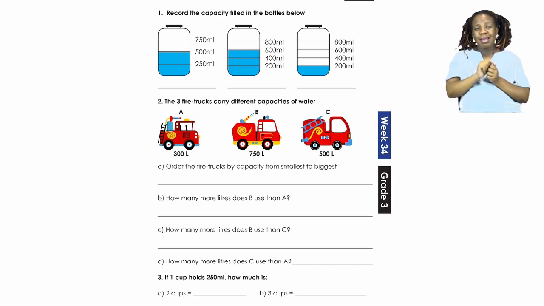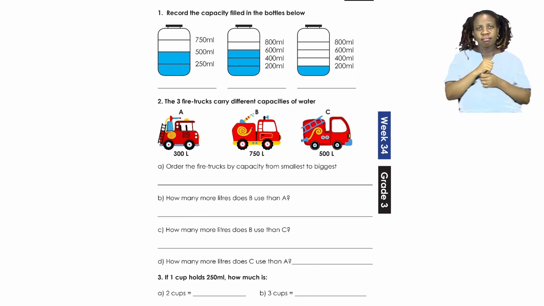Truck B is 750 liters. And C is 500 liters. Now, boys and girls, you have to go ahead and look at all the questions and answer them by looking at each fire truck.